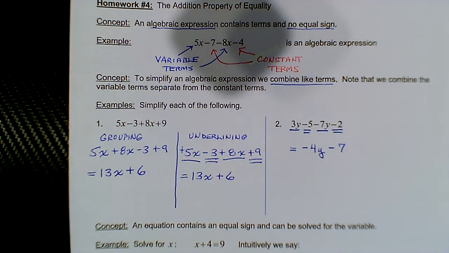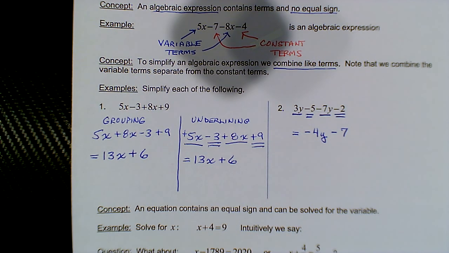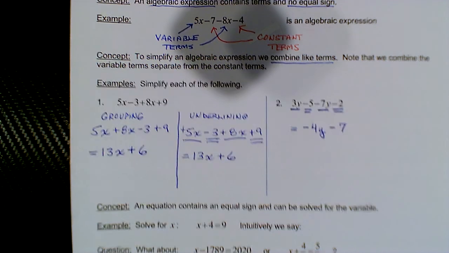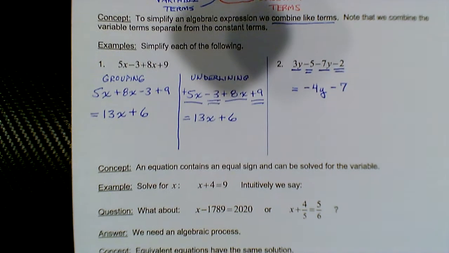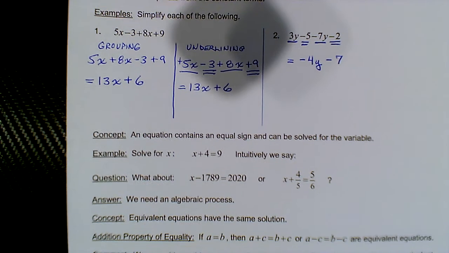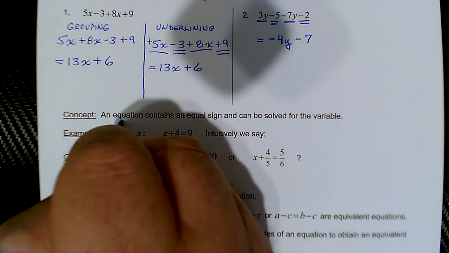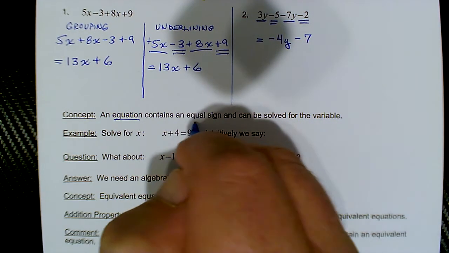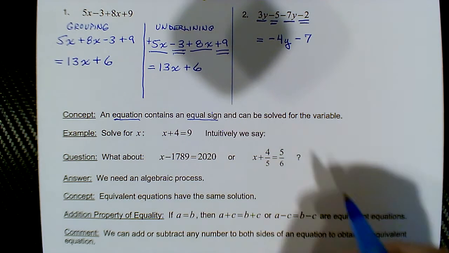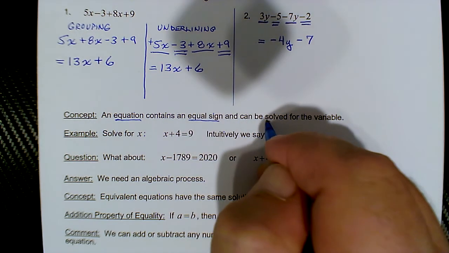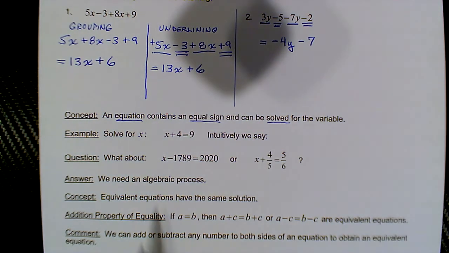Okay, so the difference between an algebraic expression, and an algebraic equation, or what we often refer to as a linear equation, or just an equation, is that an equation contains an equal sign. And we can solve it for the variable. Now, here's a simple example.